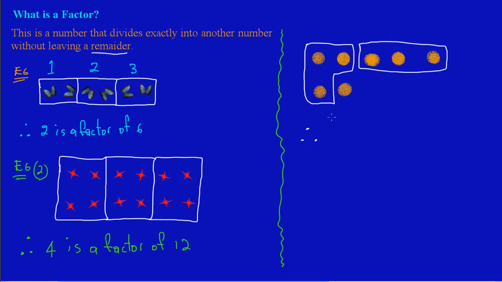So I can say therefore 3 is NOT, I'm going to write it in capitals and underline it with red, a factor of 7, because when 3 is divided into 7, it leaves a remainder. So 3 is not a factor of 7.